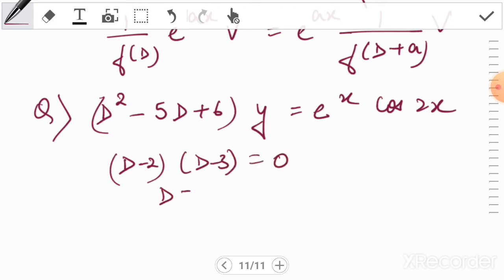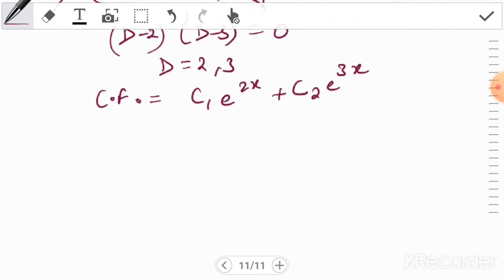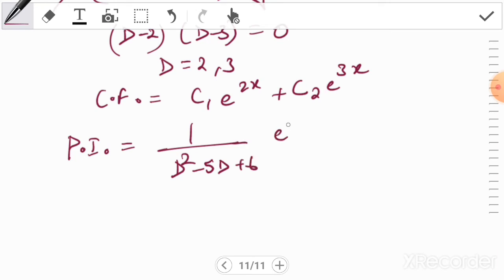So D is equal to 2 and 3. Complementary function is equal to c1 e raised to the power 2x plus c2 e raised to the power 3x. Then particular integral will be equal to 1 by D square minus 5D plus 6, which will operate on e raised to the power x cos 2x.